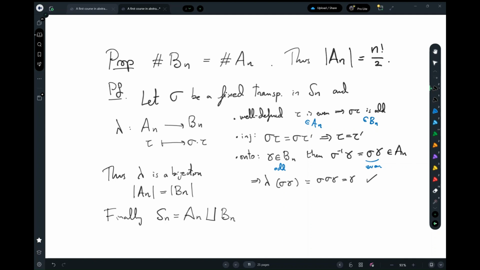They have the same size, so the size of Sn must be twice the size of An, and therefore the size of An is the size of Sn divided by 2, and we know that is n factorial, so the size of An is n factorial divided by 2. Very good. So next time we'll talk about another different subgroup of the symmetric group, which is the dihedral groups.